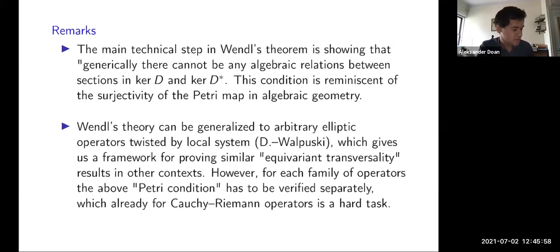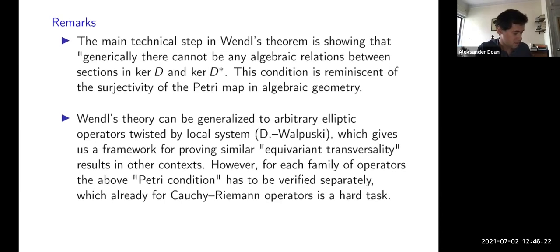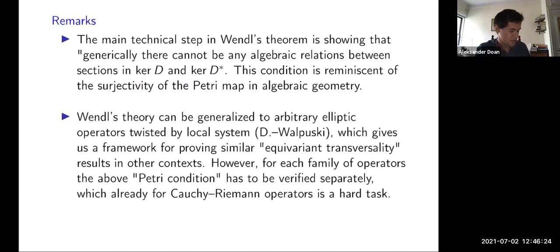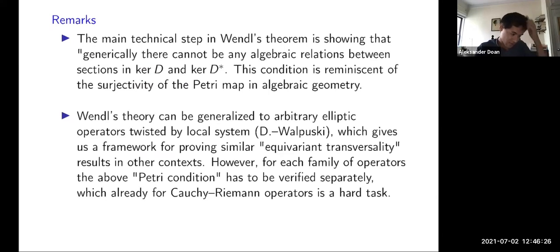But the main idea that Chris used was that he translates this problem, the second problem, this so-called Petri condition, to a finite dimensional transversality problem, which then you can solve. Okay, so this completes the discussion of the proof of the theorem.